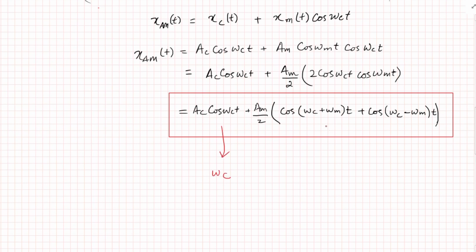The second frequency component here is omega_c plus omega_m, and the third frequency component is omega_c minus omega_m. This will help us draw the frequency spectrum of amplitude modulated waveform that we will see in our following example.